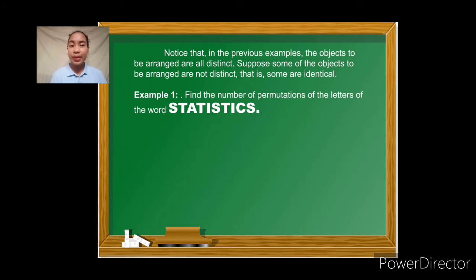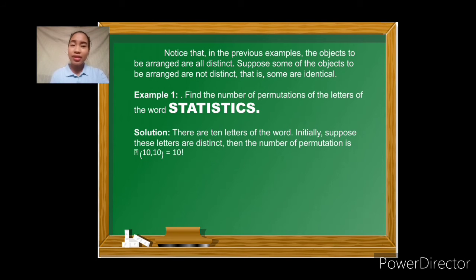Find the number of permutations of the letters of the word statistics. So, there are 10 letters in the word, right? Initially, suppose these letters are distinct. Then, the number of permutations is permutation of 10 objects taken 10 at a time, which is equal to 10 factorial.